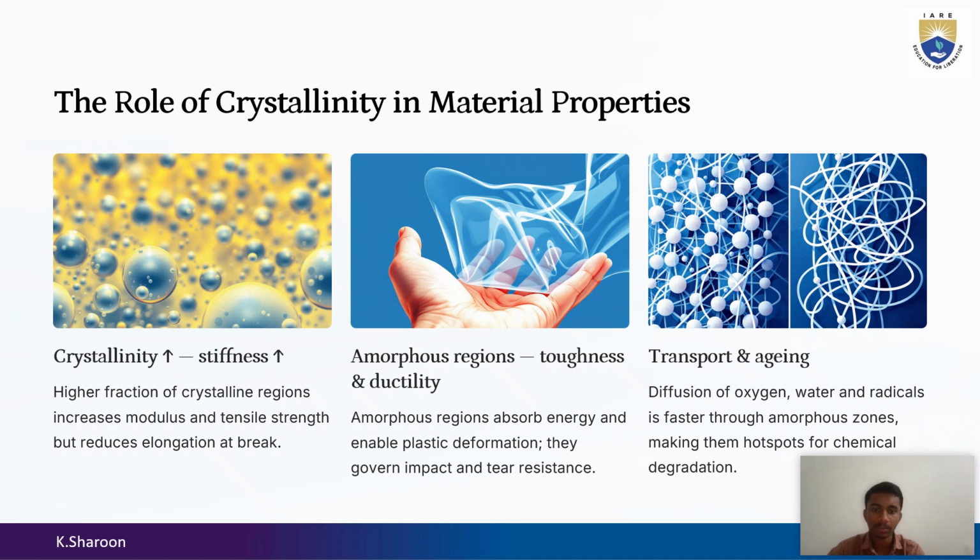Amorphous regions absorb energy and enable plastic deformation. They govern impact and tear resistance. Transport and aging: diffusion of oxygen, water, and radicals is faster through amorphous zones, making them hotspots for chemical degradation.